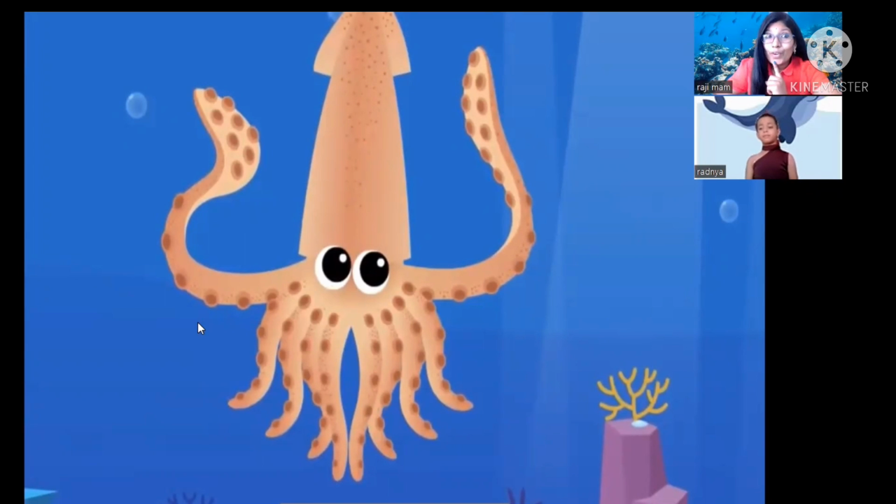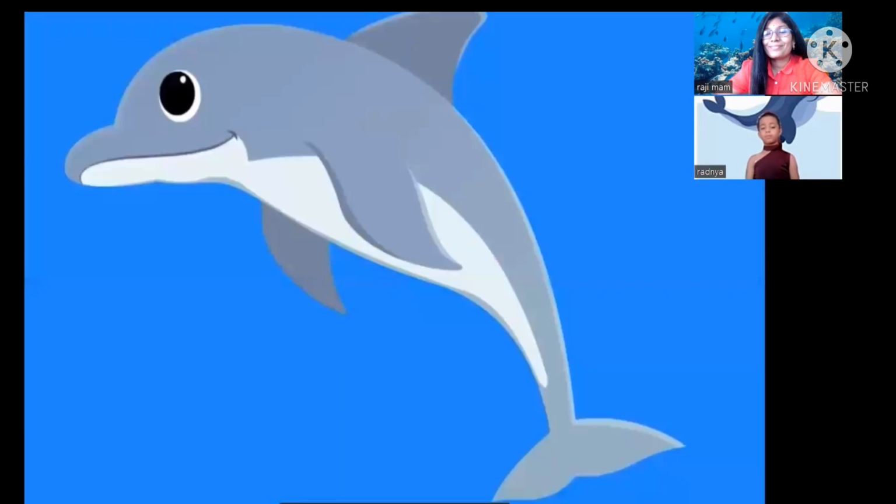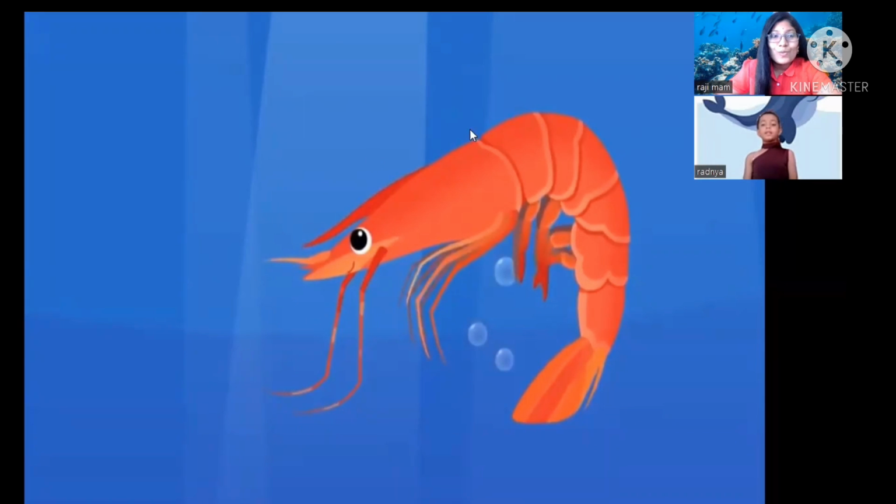Squid. Perfect. Yes, this is called squid. Now, did you see this? Ma'am, this is a dolphin. Yes, correct. Now, this is a shrimp. Yes, perfect.